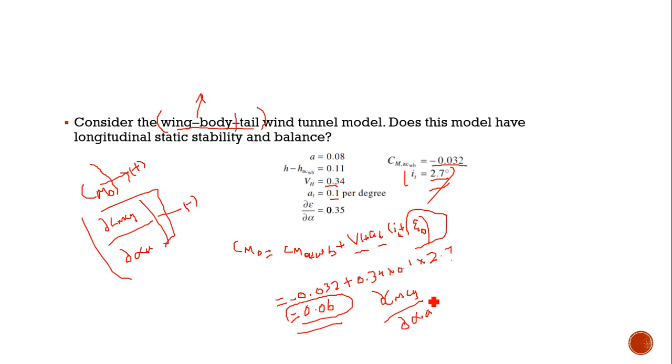For dou CM_cg divided by dou alpha I will write the formula: dou CM_cg divided by dou alpha equal to a into (h minus h_ac,WB) minus VH into (at divided by a) into (1 minus dou epsilon divided by dou alpha).